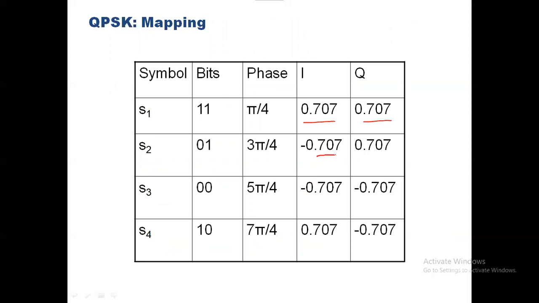If we have the numerical values assigned to these carriers, and then we modulate these 2 bits, the in-phase and quadrature phase components will generate a carrier with this phase offset. And if we have in-phase and quadrature phase components with negative values, the phase calculated is 5 pi/4.